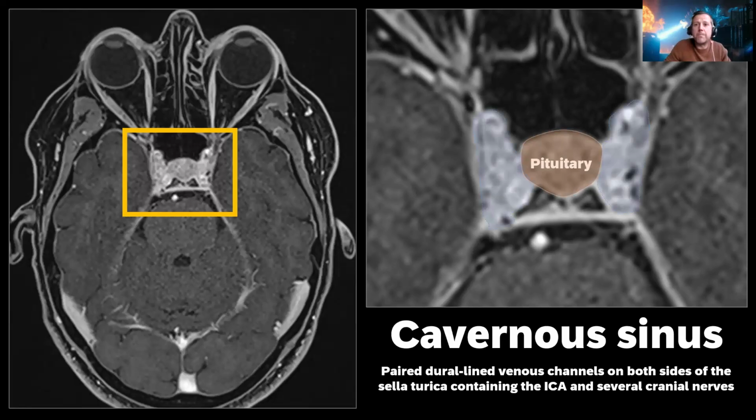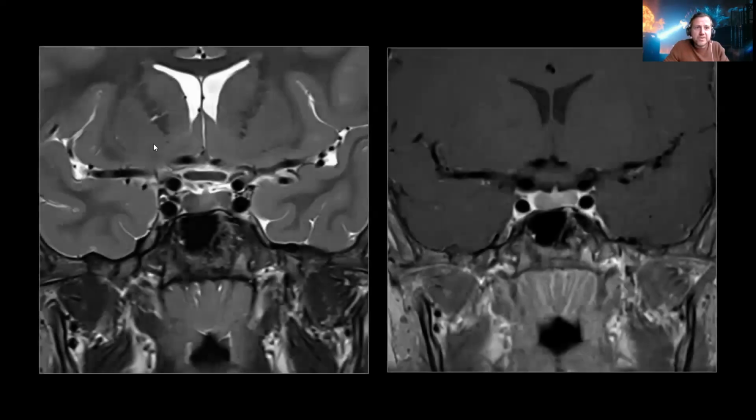So, the cavernous sinus can easily be identified on coronal images as well. So here we see the pituitary, and this is the optic chiasm, and then we see these hypointense regions with flow voids.